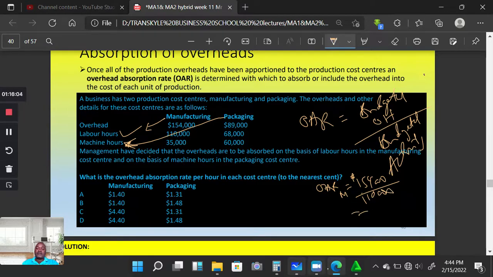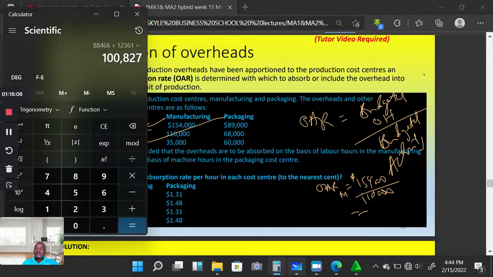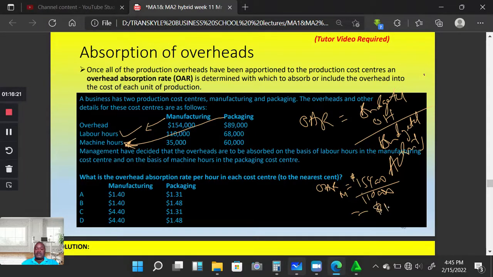So if we use our calculator, 154,000 divided by 110,000, we're going to have $1.40. Okay, so you can see that for elimination purposes, our answer should be between A and B.